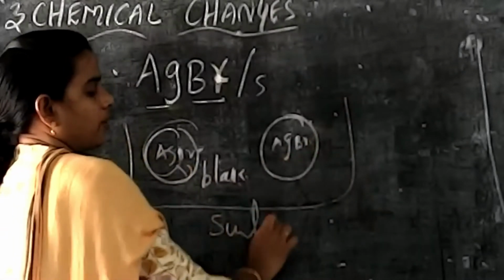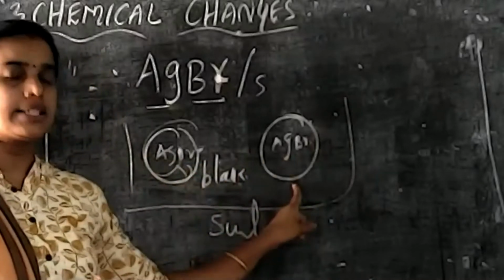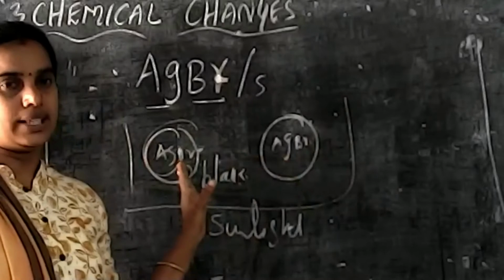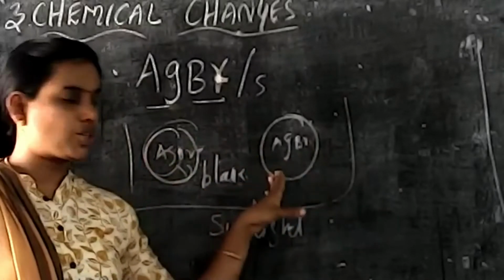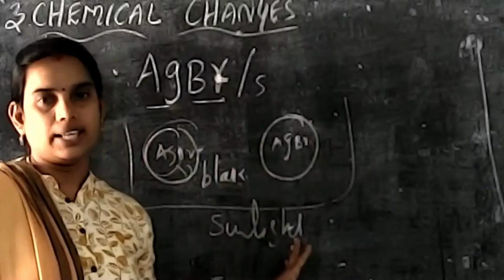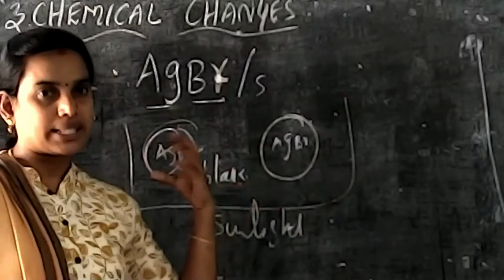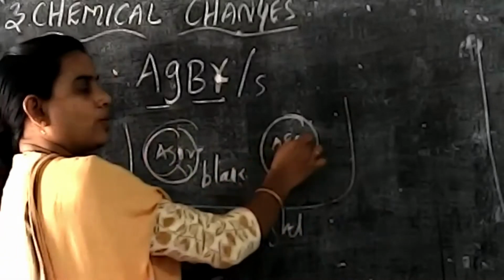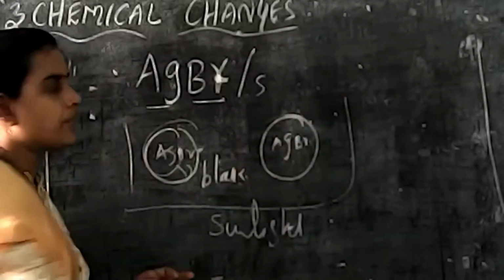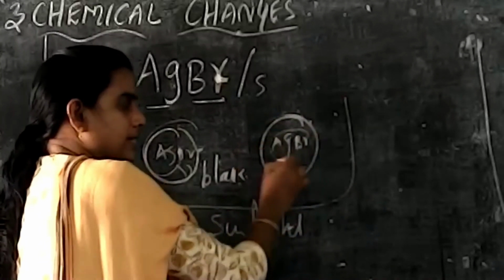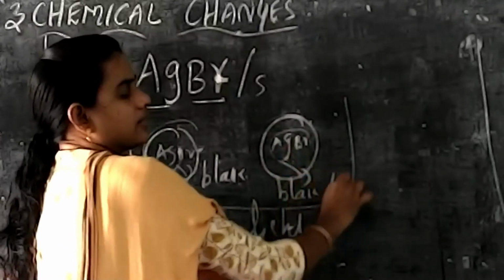So first of all, we are taking silver bromide in two watch glasses. One of the watch glasses is covered, and what happens after that? We have to keep these watch glasses in the presence of sunlight. After some time, the watch glass that is not covered with black paper, the solution in it turns black in color.